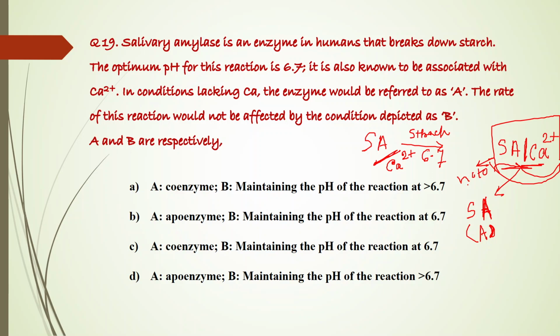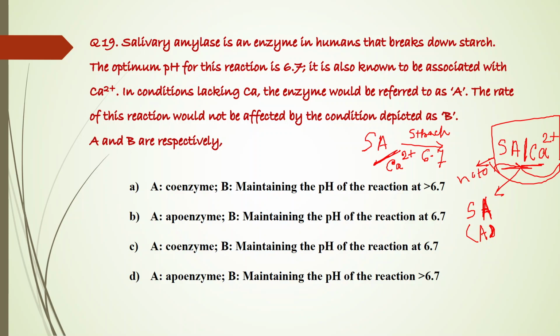If you remove calcium 2+, the enzyme is referred to as A. If you cut down the non-protein part from the holoenzyme, it is known as apoenzyme.